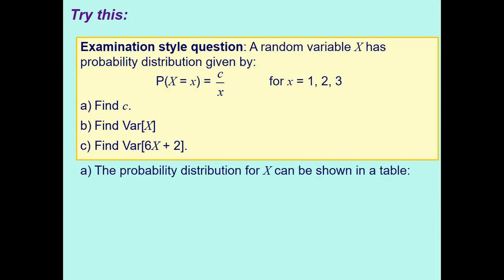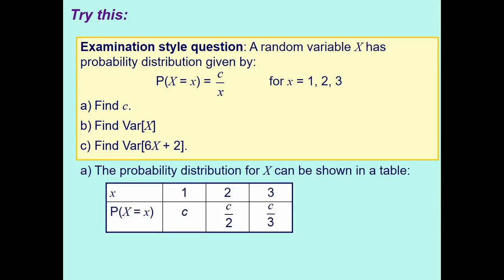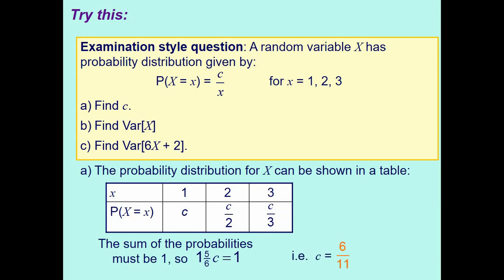Okay, so for this one, when we draw out the probability distribution, we get this table here. Clearly we could have written c over 1 here, but c over 1 is just c, so we can just write that. We know that the probabilities have to add up to 1, so if we use that information, we should end up with c equaling 6/11.